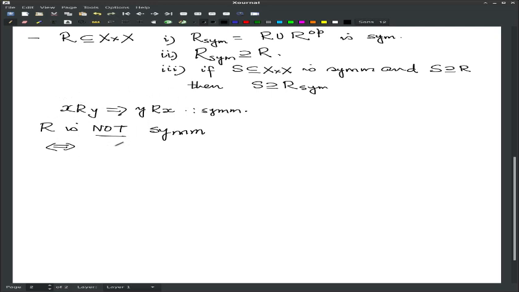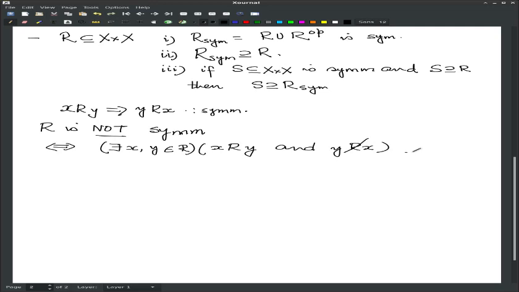That means there exists an x and y such that x R y holds, but y R x doesn't hold. Okay?